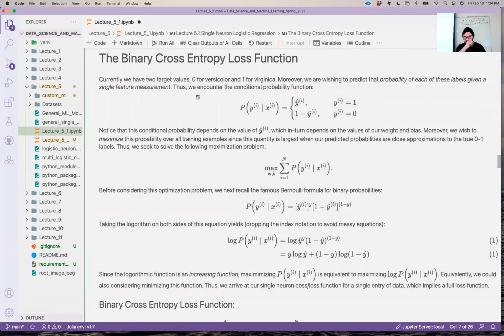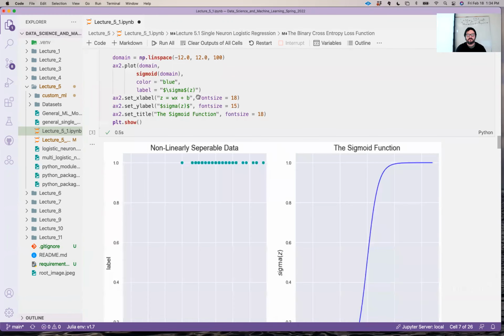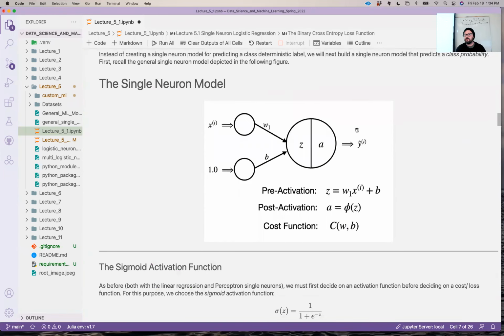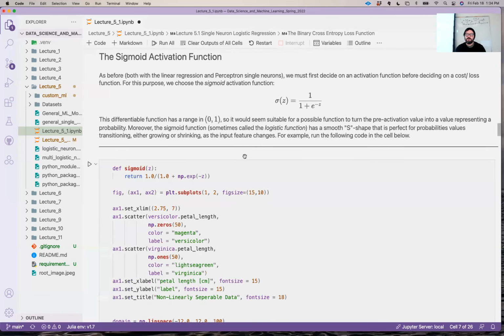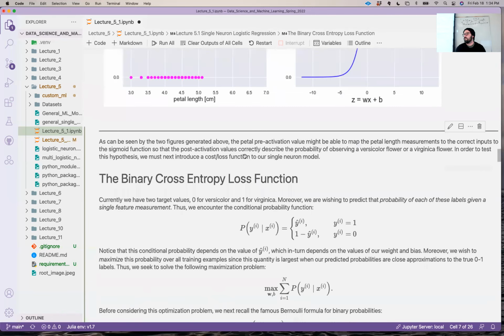And moreover, what is the model doing for us? We predict out a probability, but what does that prediction depend on? If we look at the model here, this is going to be a probability. It depends on the input. So what we really have is a conditional probability.